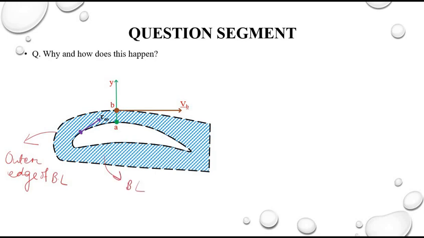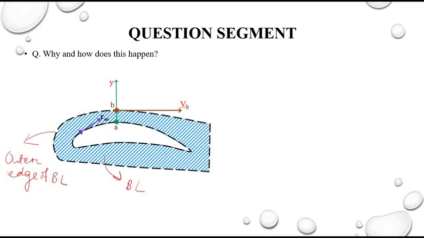This is a magnified view. We'll consider 2 points along the y-axis, point A, which is on the surface of the airfoil, and point B, which is on the outer edge of my boundary layer.